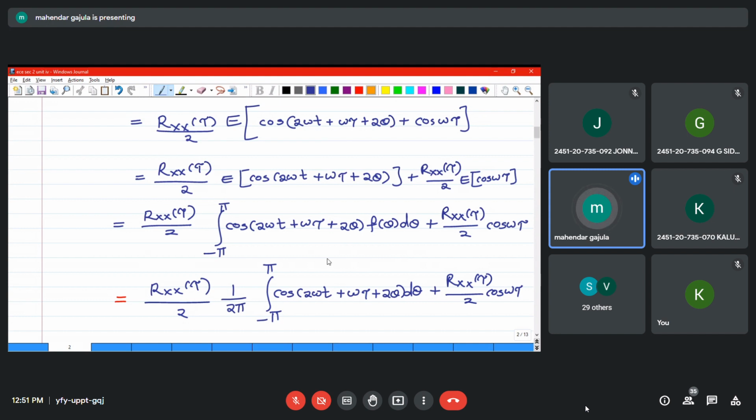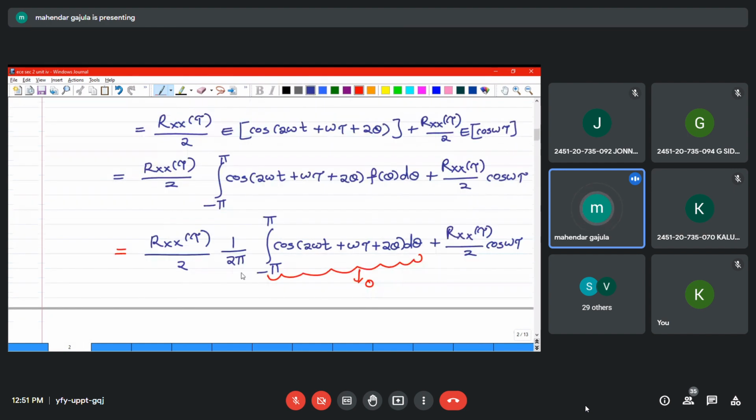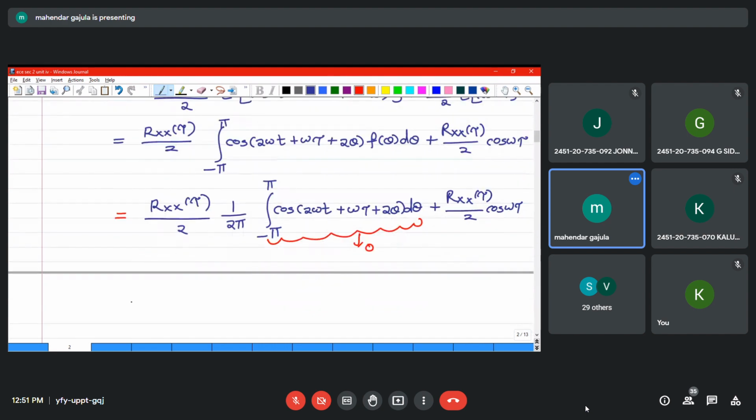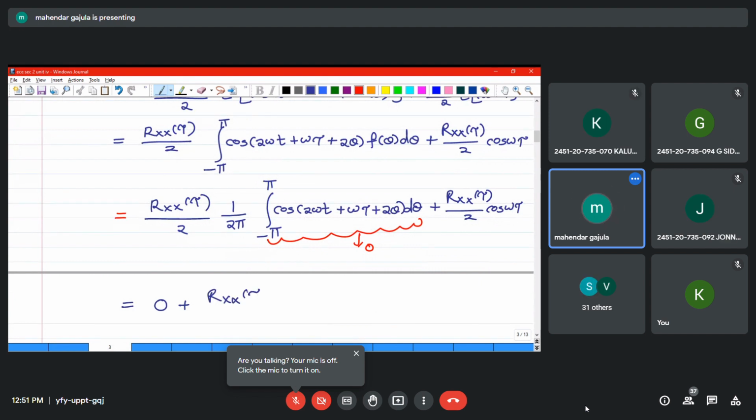So this integration is 0. You do it. So the first part is 0, 0 plus R_xx(tau) by 2 cos(omega tau).